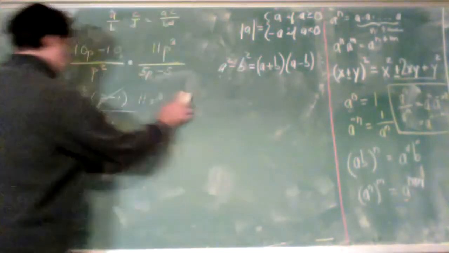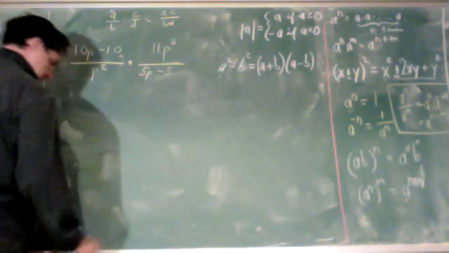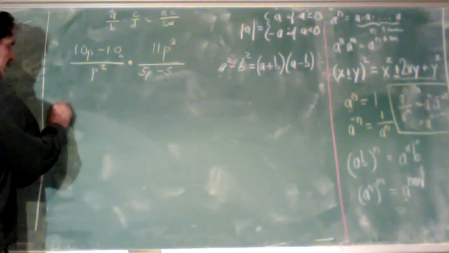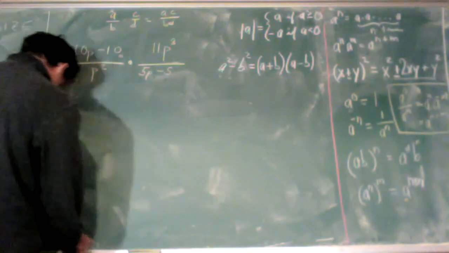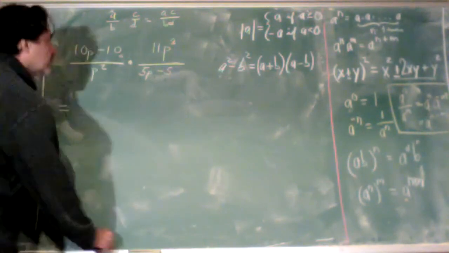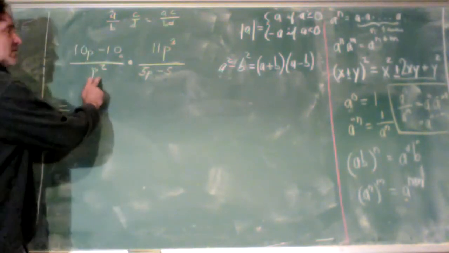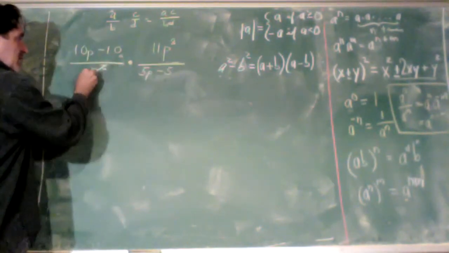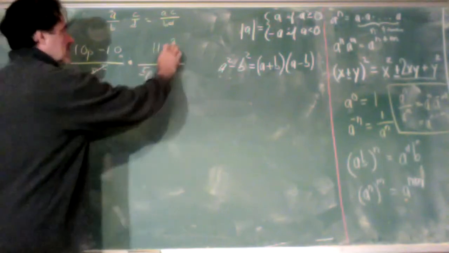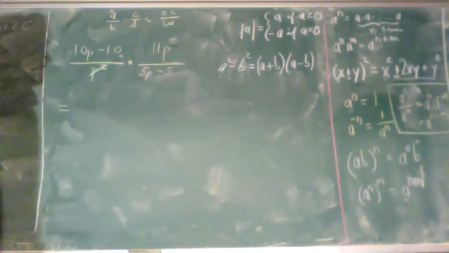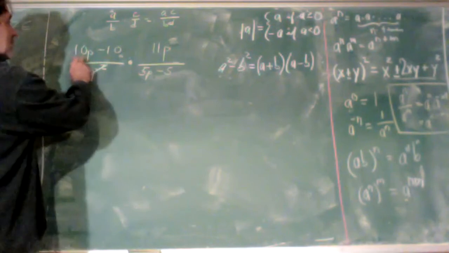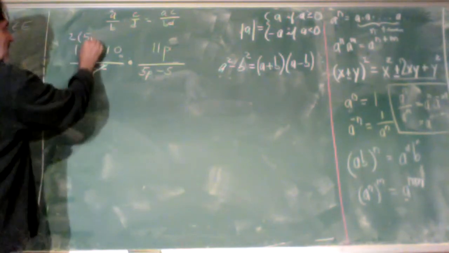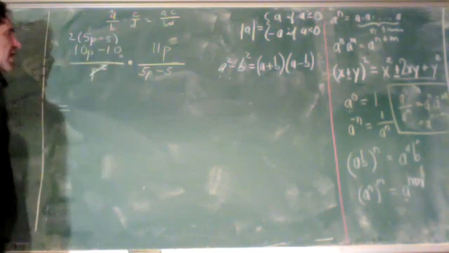Again, if you're comfortable working with these sorts of expressions, let me repeat myself. What I was saying is, one could immediately observe, I have a p squared downstairs and a p cubed upstairs. So the p squared cancels against the p cubed, leaving me with 1 power. 10p minus 10 is just 2 times 5p minus 5.